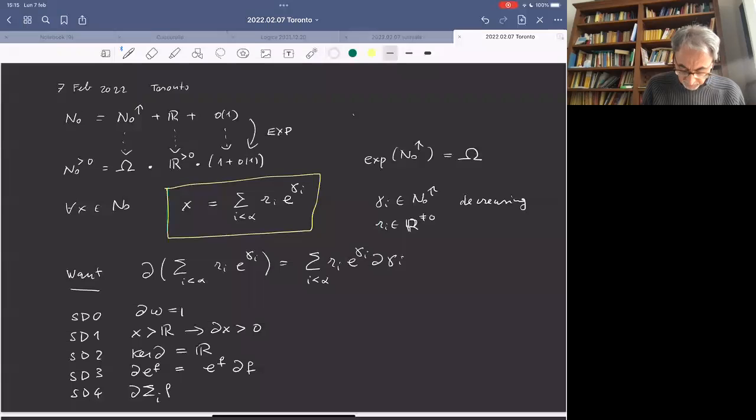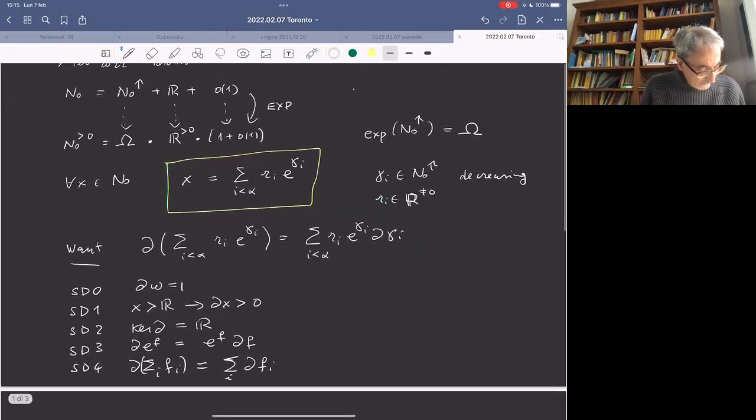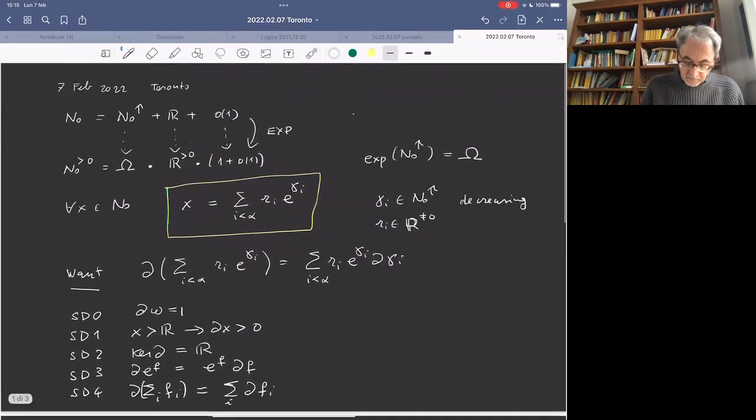Of course, this means that if we have a summable family, the derivative of the sum is the sum of the derivatives. And this includes the claim that if the family is summable, then the family of the derivatives is summable. And we said that we can indeed cook up such a derivative.